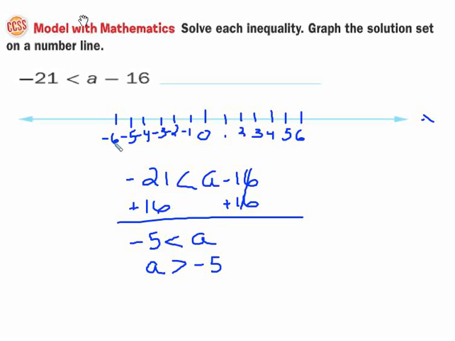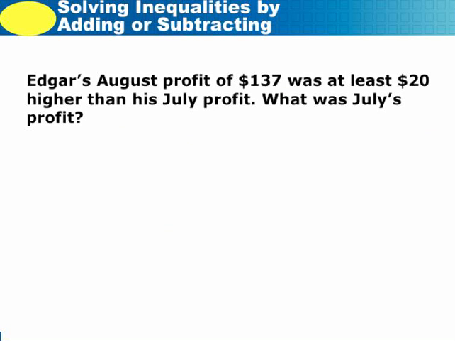Alright, since it's a greater than symbol, it's an open circle, since it's not or equal to. And since a is everything that is greater than negative 5, I'm going to shade to the right, going all the way to the end of my number line to indicate that all of those numbers would be included. Okay? Alright, let's take a look at a word problem.